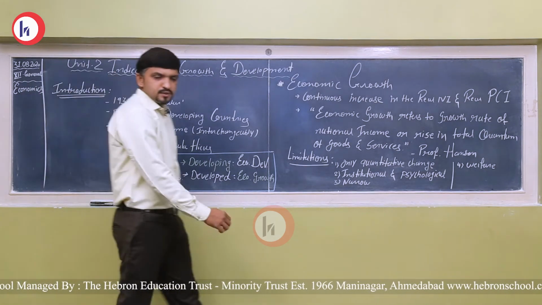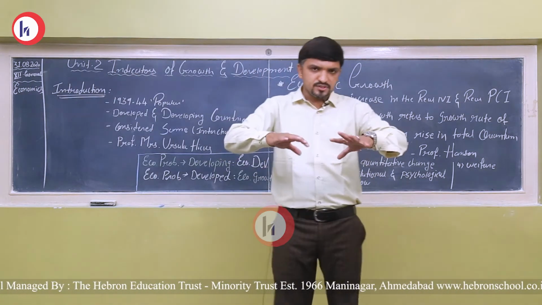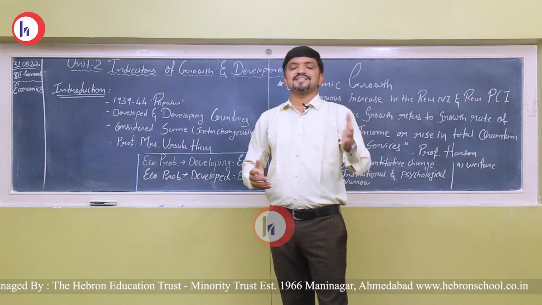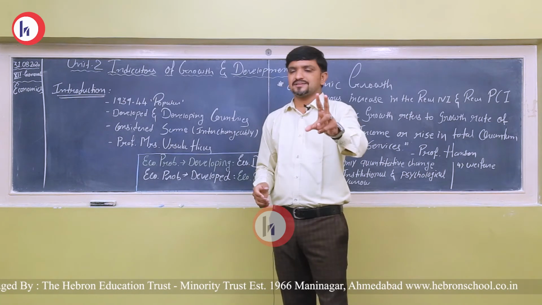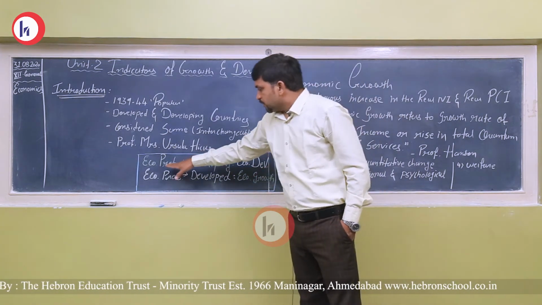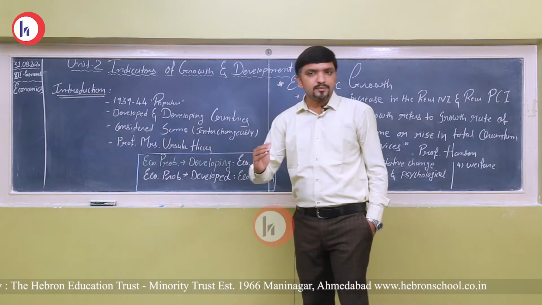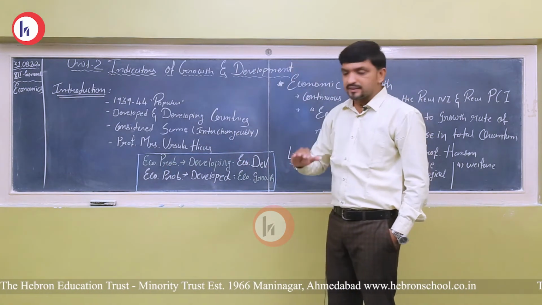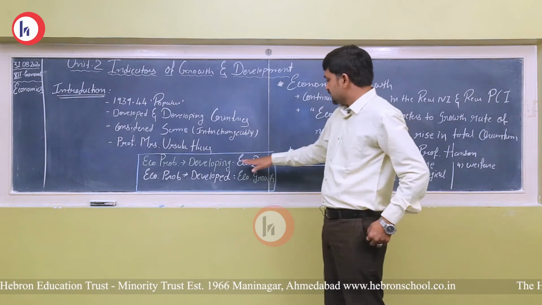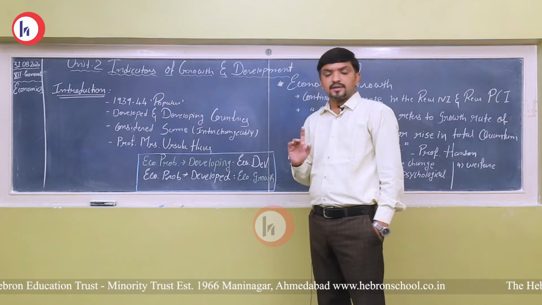You need to keep this in mind for understanding the rest of the chapter, and it is also there in section C. In 2 marks, the question can be asked: the solution for the economic problems of developing countries, countries like India, is economic development.